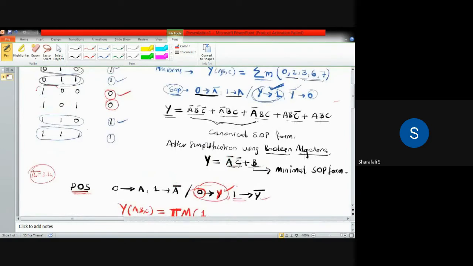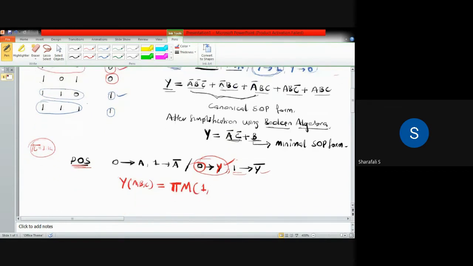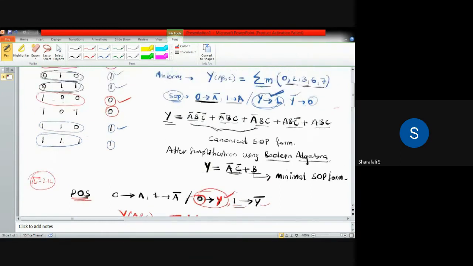So this corresponding variable is 1, 0, 0. 1, 0, 0 means 0 into 2 raised to 0 plus 0 into 2 raised to 1 plus 1 into 2 raised to 2. That is 4. So this one will be 4. Now the third one is 101, that is 5.